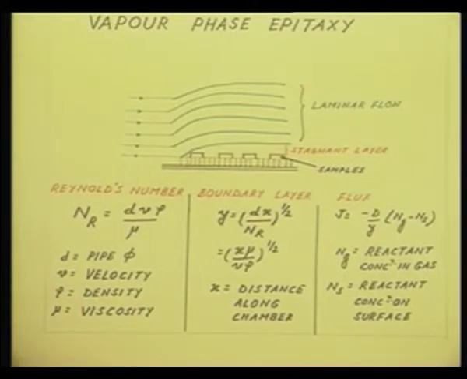So, you see across this boundary layer, on one side I have Ng, that is in the gas stream, and on the surface I have the concentration as Ns. Therefore, the concentration gradient is given by Ng minus Ns divided by the thickness of the boundary layer. So, the flux is going to be proportional to this, and this is the proportionality constant D, or the diffusion constant also, as sometimes it is called. And the negative sign signifies that the flow is from the higher concentration side to the lower concentration side.